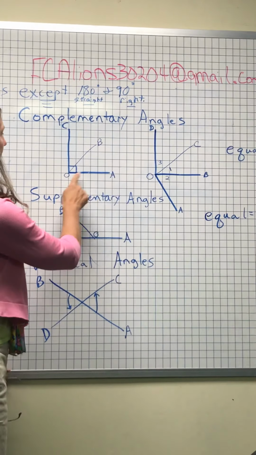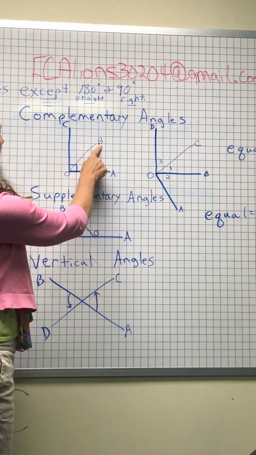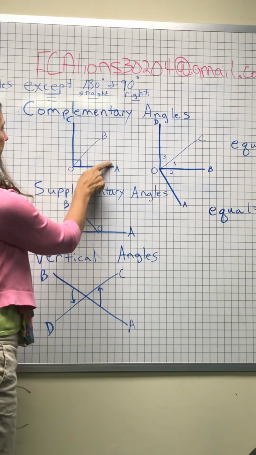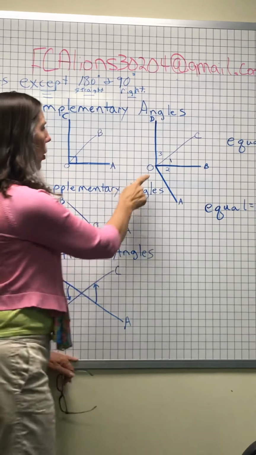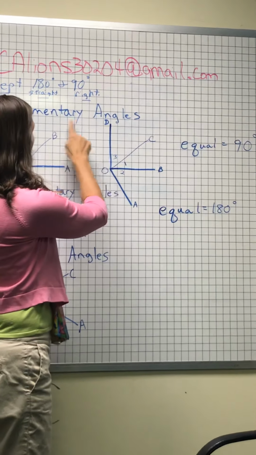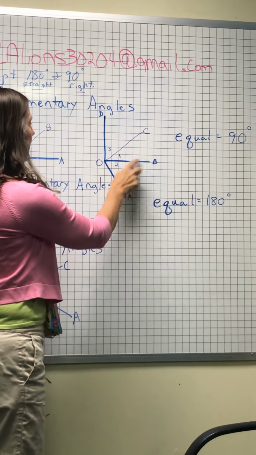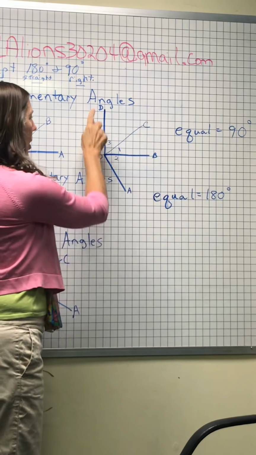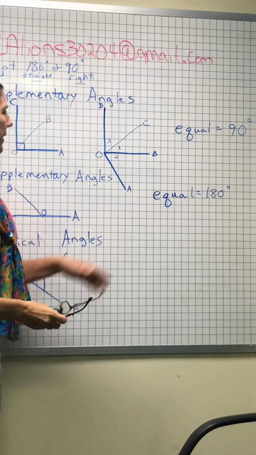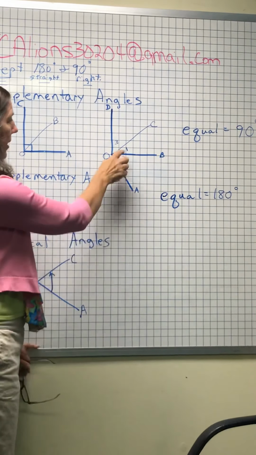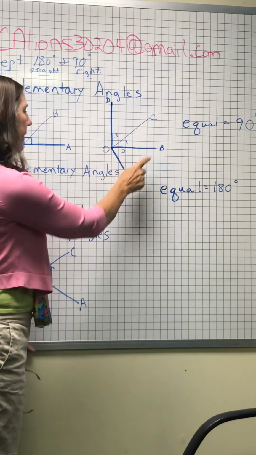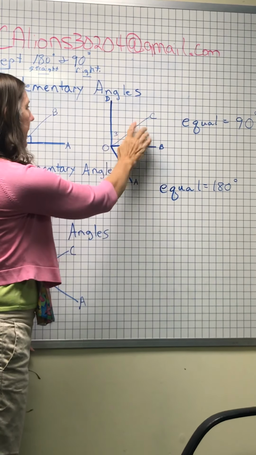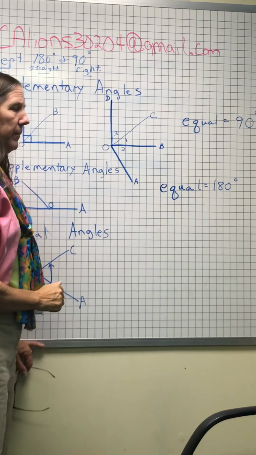So this one, AOB, is complementary to BOC, because this one and this one give you 90 degrees. 1 and 3 are complementary because BOC and COD give us 90 degrees. In this particular one, also 1 and 2 are complementary because AOB and BOC give us a complement.